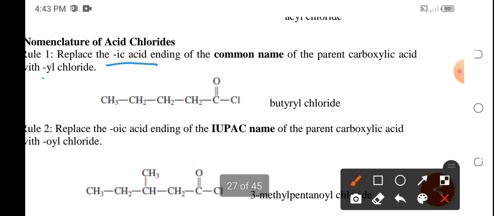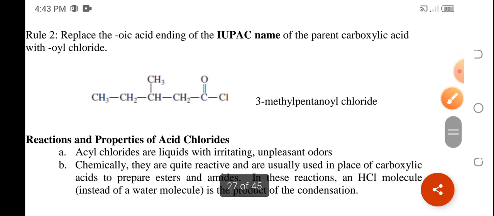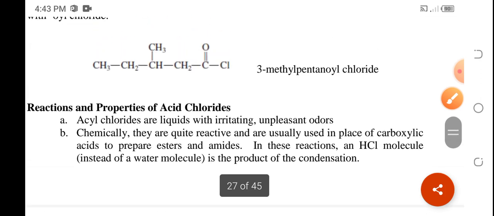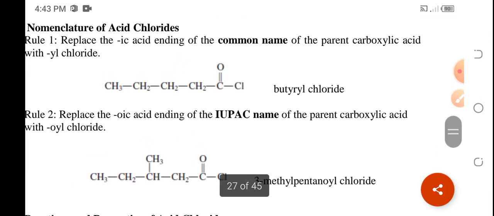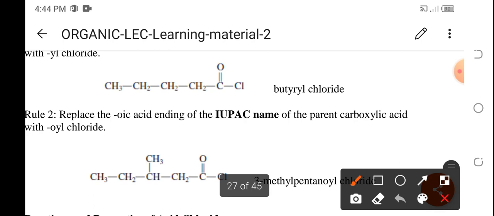For the IUPAC, drop the OIC acid plus the word OYL and chloride. Or it is also okay that for both you drop the IC acid and add YL, because the O is still there, and you just add to it. So it's okay to say IC acid and then YL chloride.